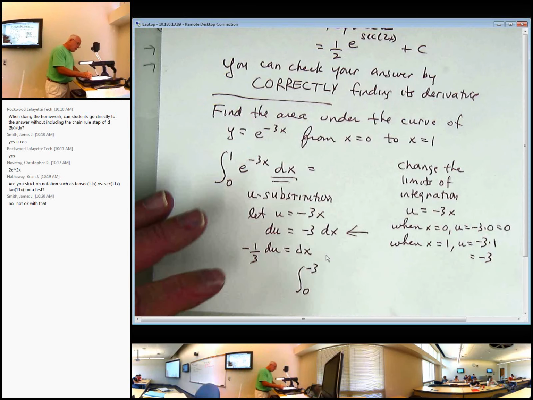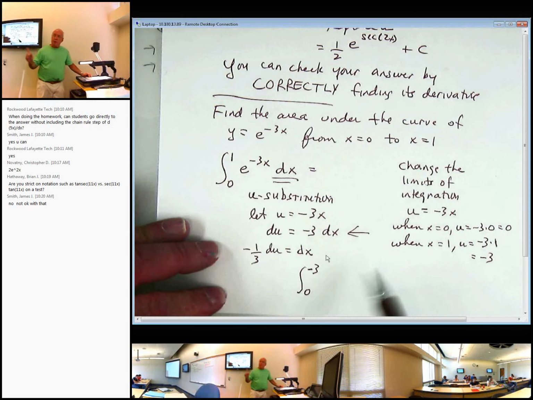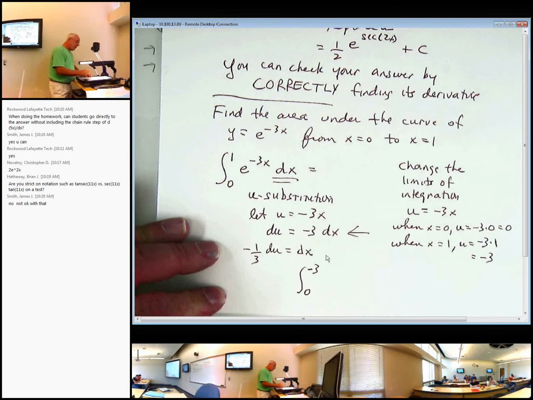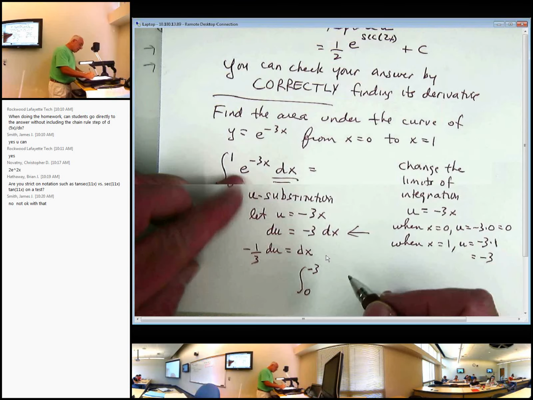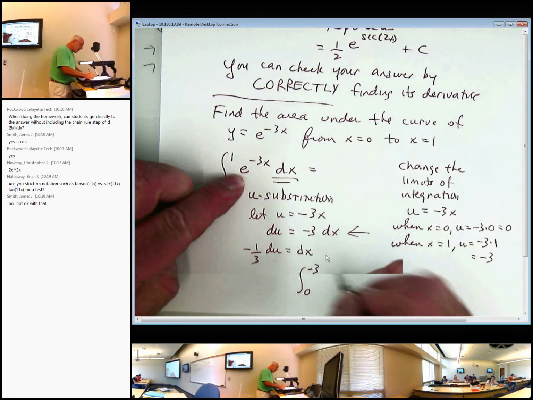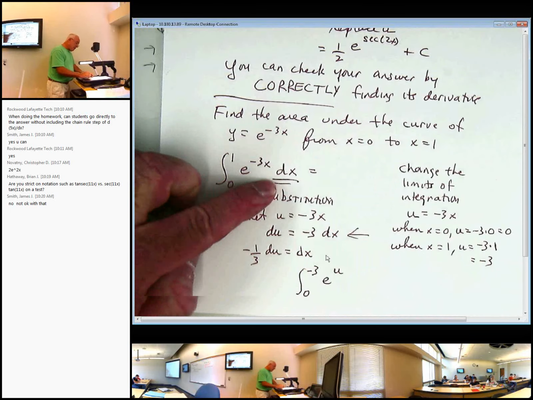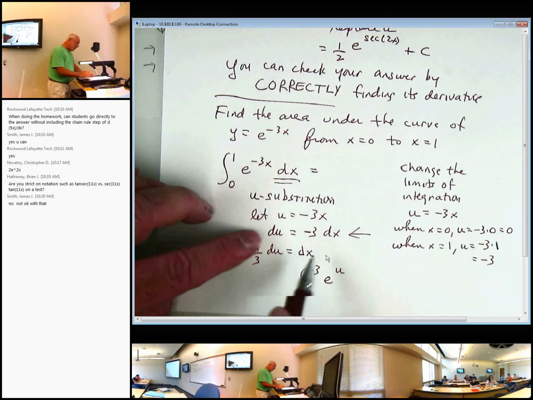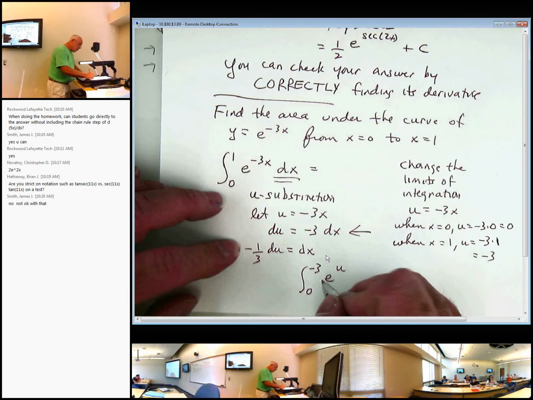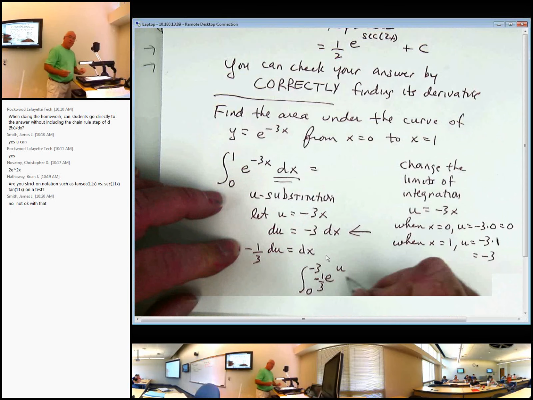So basically, we've got our new limits of integration. So now let's fill in the inside part here. Okay, e to the -3x is going to be replaced by e to the u. And then the dx is going to be replaced by -1/3 du. So we have -1/3, and then we have du. All right.